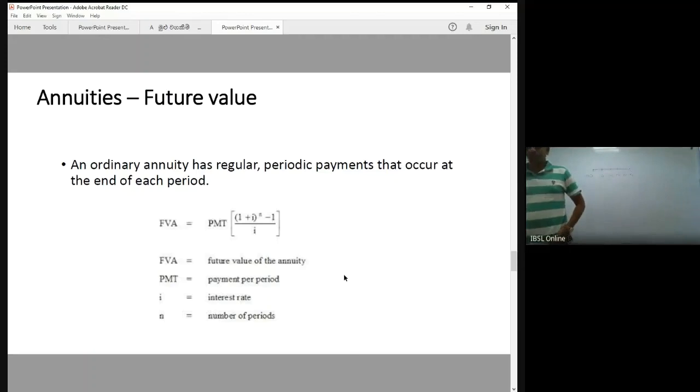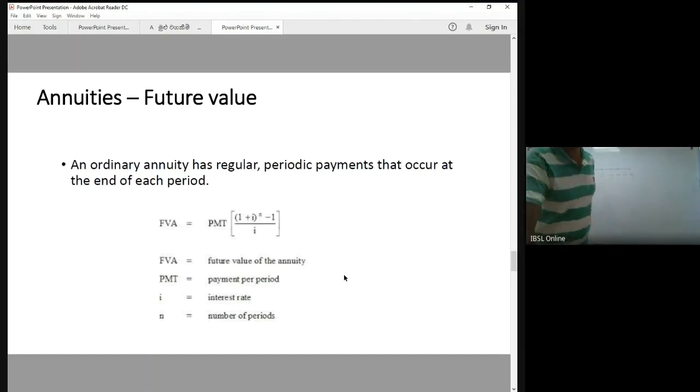Very difficult. You don't have to memorize, it will be given at the exam, but you need to understand the concept. How can you calculate? Basically, the future value of an annuity is the payment that you get annually into 1 plus the interest rate to the power n minus 1 divided by the interest rate. So that's how we calculate the future value of an annuity.